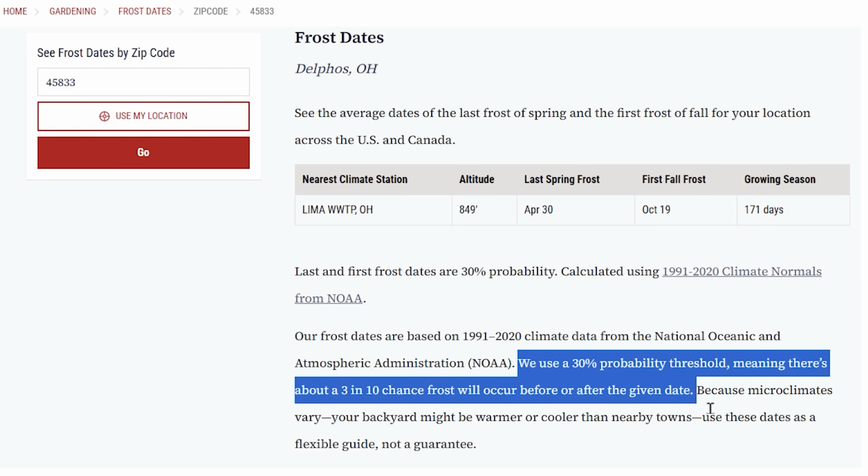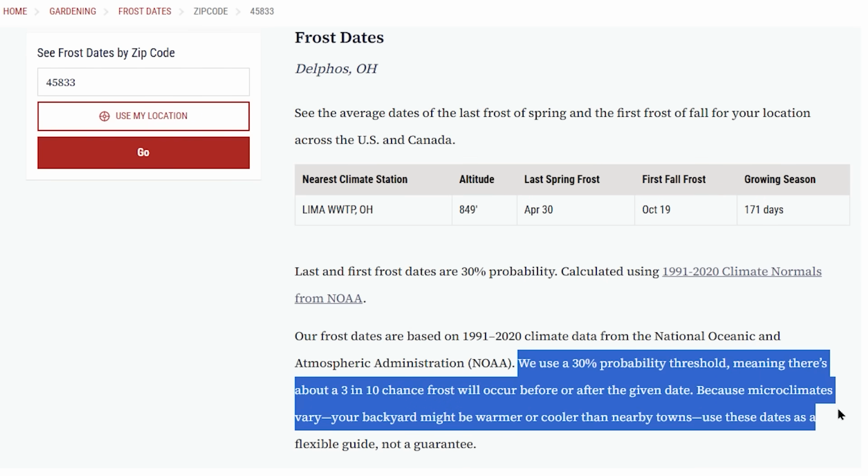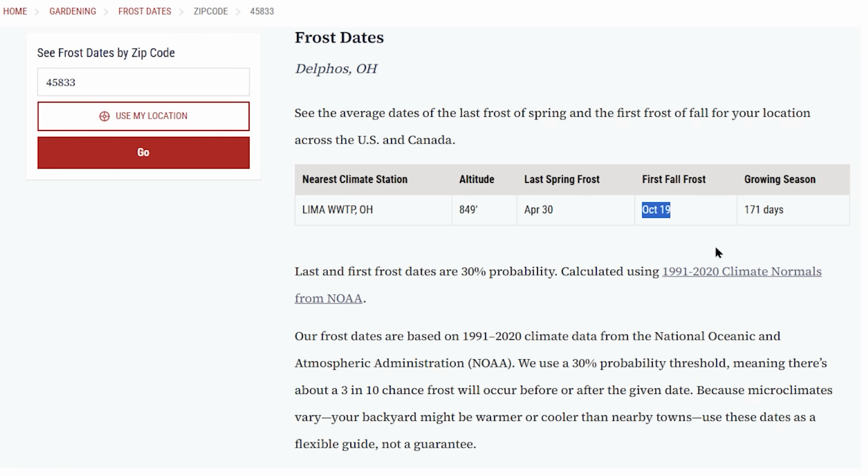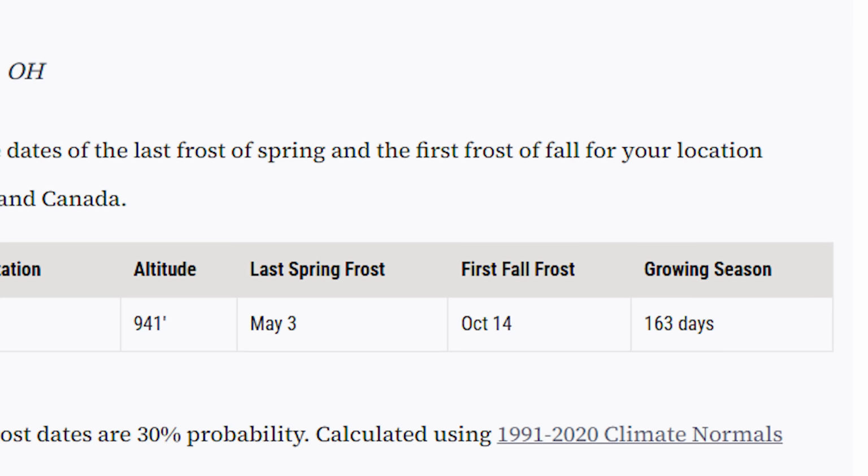They also note, and this is very important, because microclimates vary, your backyard might be warmer or cooler than nearby towns. Use these dates as a flexible guide, not a guarantee. So here for Delphos, Ohio, we see a last spring frost date of April 30th and a first fall frost date of October 19th. My 30% chance is May 3rd and October 14th. But again, I'm not going to plant anything frost tender out that early.